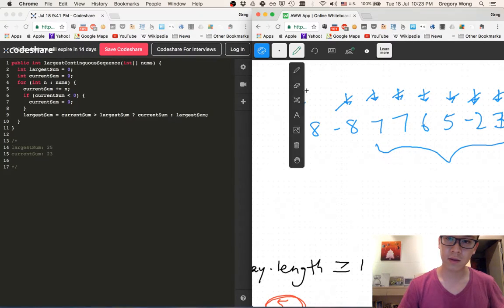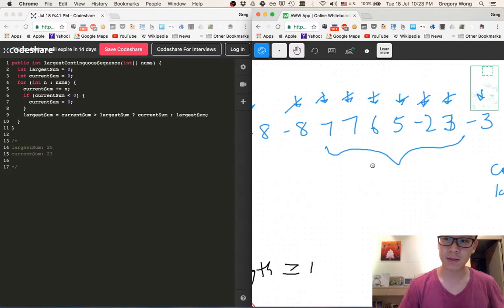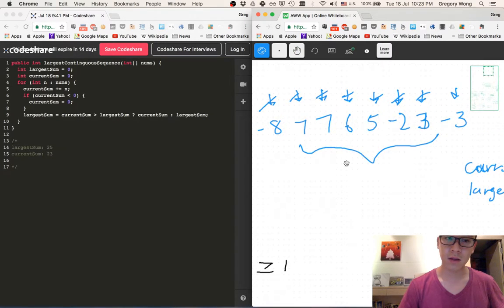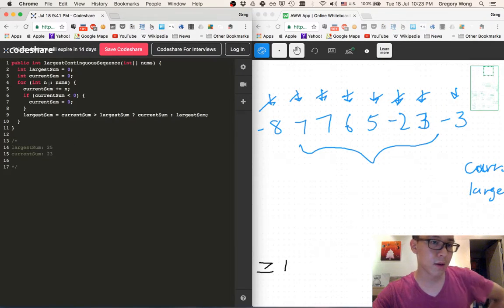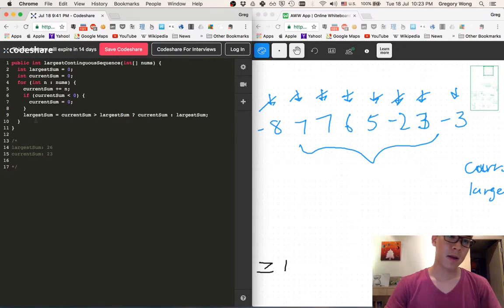Then we see 3. We add 3 to the current sum, which gives us 26, so largest sum is changed to 26 as well. We see -3 again. Add that to the current sum, which gives us 23. Largest sum doesn't change. And at the end, we, of course, want to return the largest sum.